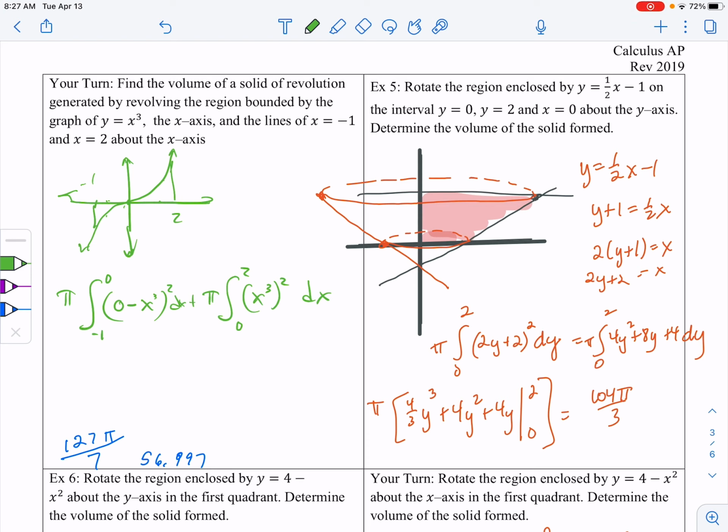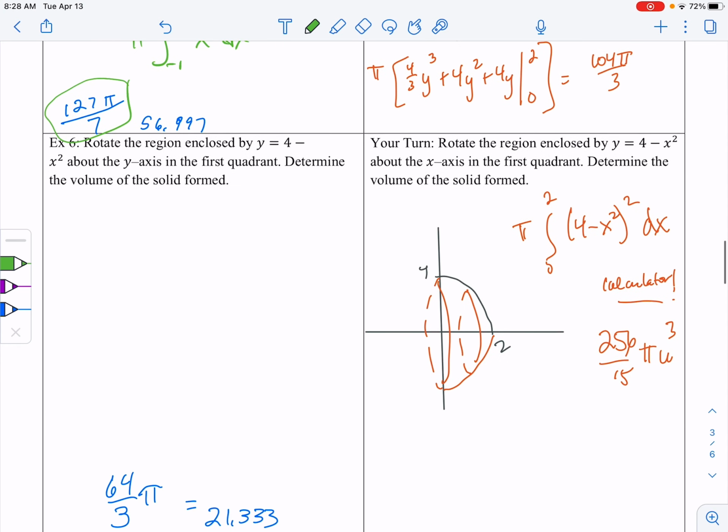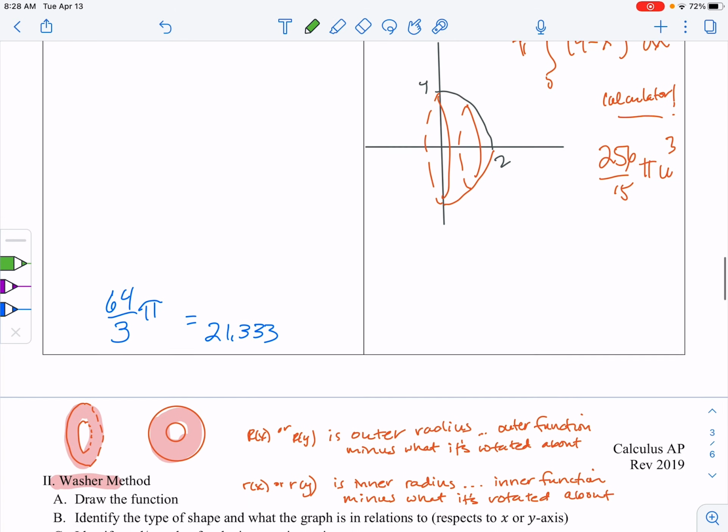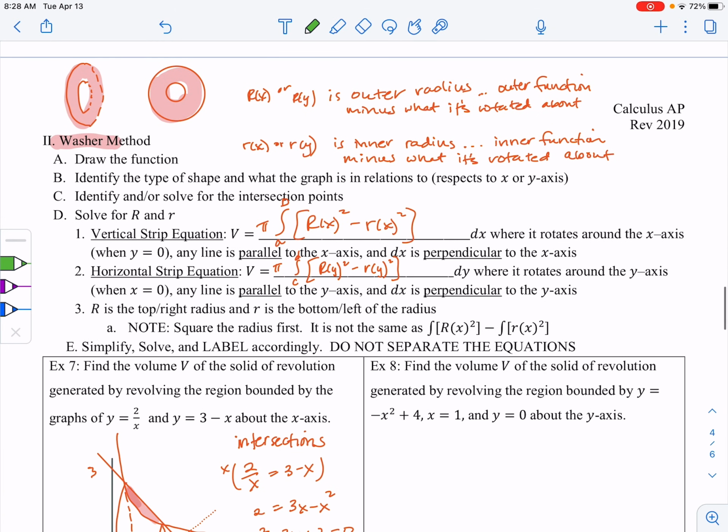Well, if you square this, you get an x to the 6th, and that's x to the 6th. So you can just do this, -1 to 2, x to the 6th dx. And I believe that's the answer. All right? Deal. There's the answer. I'm not going to do that one because we got to go on and do washers.